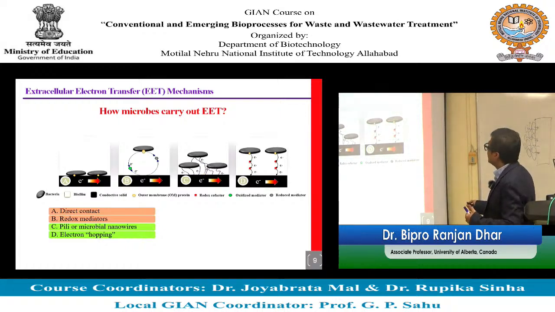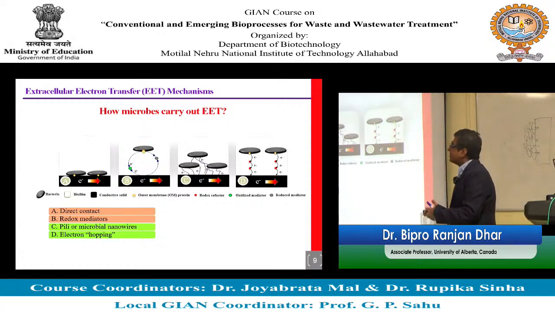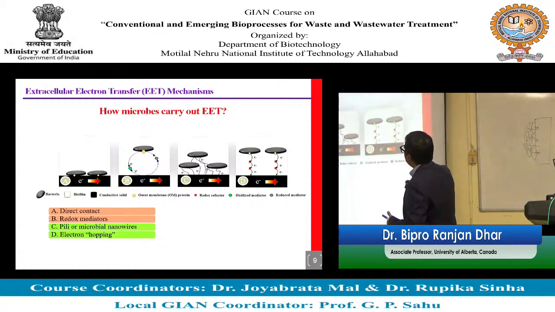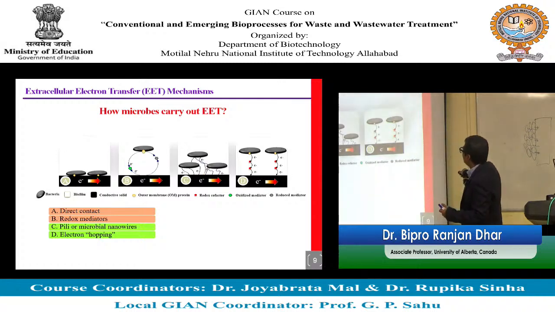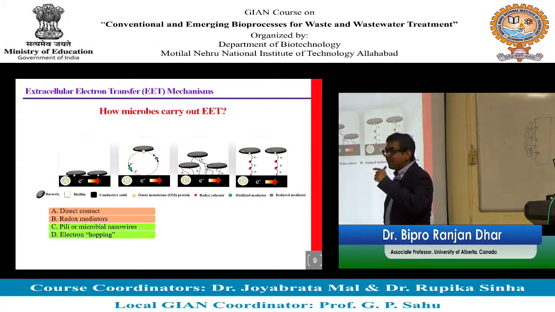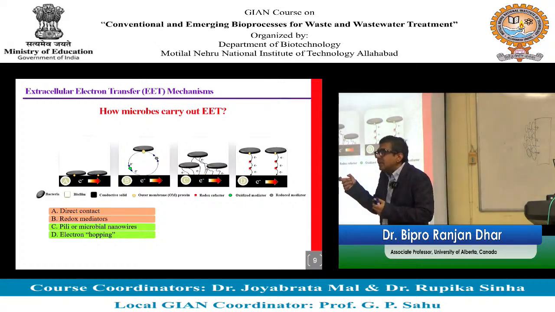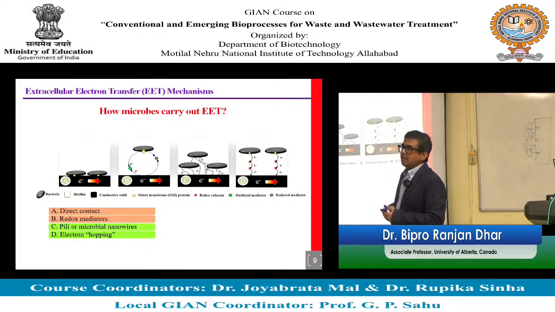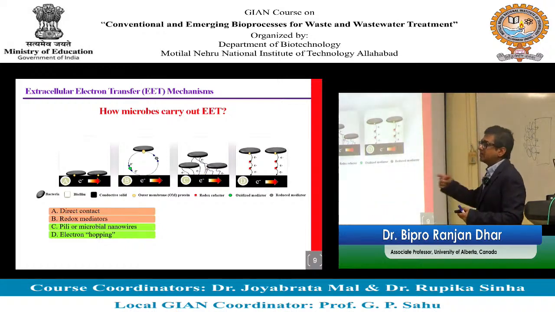So you can have a chain reaction of oxidation and reduction. Here you can see those cofactors are very far apart, one here and one here, but practically they can be within a nanometer distance, so they can exchange electrons.